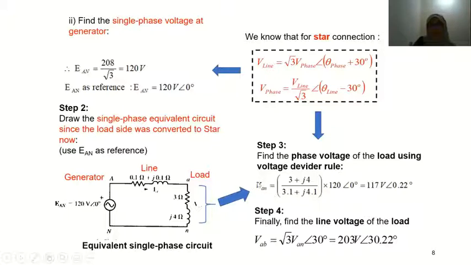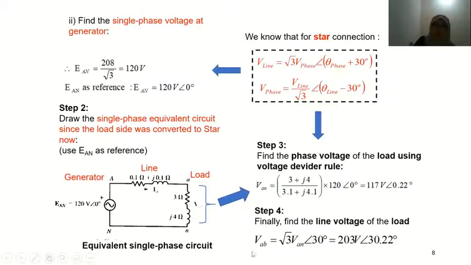So your VAN, the phase voltage at the load side, is equivalent to 117 volts at 0.22 degree angle. The next step, we find the line voltage of the load.